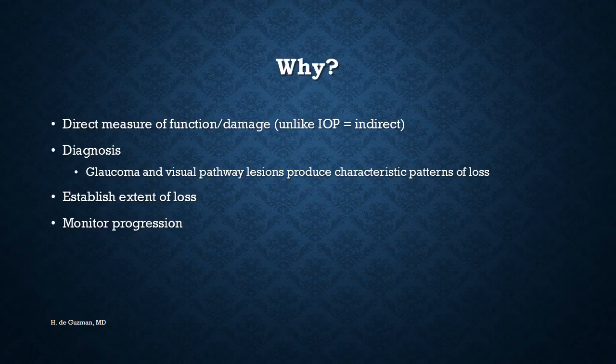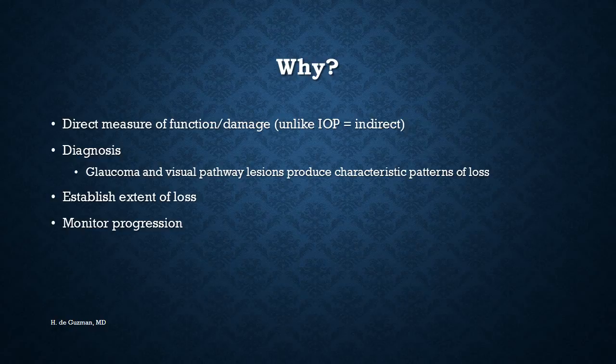Why do we need to do perimetry? First of all, it's a direct measure of the actual function or the damage that we're trying to measure or prevent. Unlike, for example, intraocular pressure, which is an indirect measure. So if you were to have a patient with an IOP of, let's say, 25, you wouldn't know what that would mean functionally.